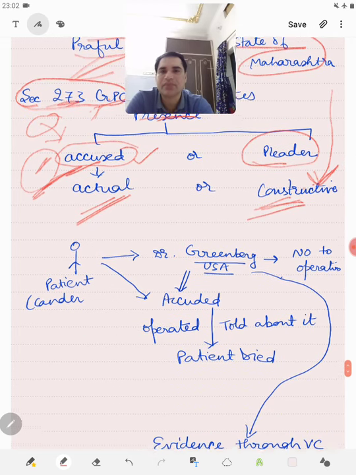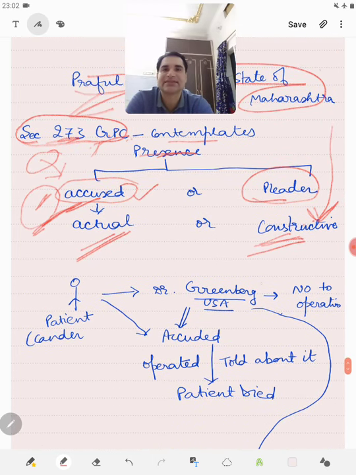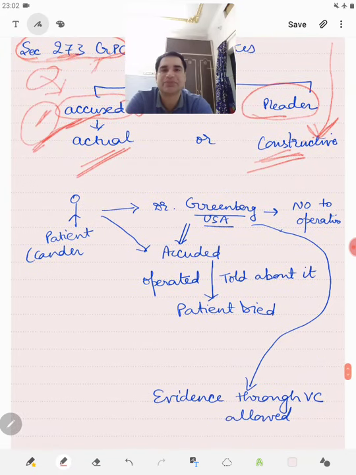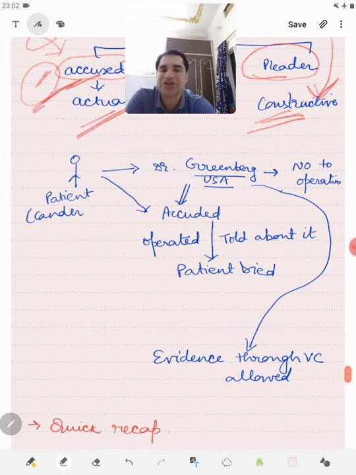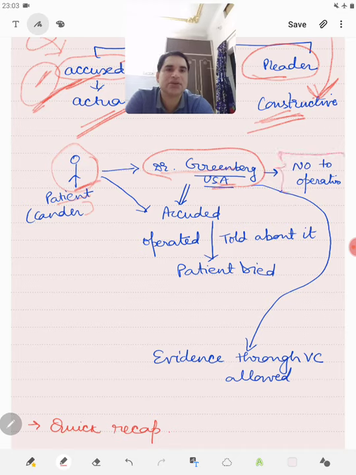The facts of the case in this Prafulla B. Desai versus State of Maharashtra is that there was a patient who was suffering from cancer. Now this patient consulted a doctor in USA, Dr. Greenberg. And this doctor said that operation cannot be performed on her, and if operation is performed, she would die because the cancer is of such a stage that operation cannot be performed.